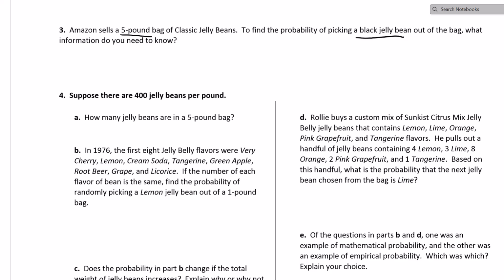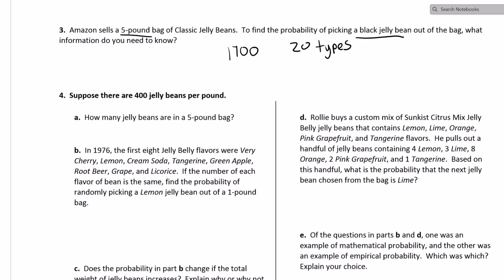If we knew the total amount of jelly beans, let's say there's 1,700 jelly beans in a 5-pound bag. I have no idea. I'm just guessing. That's probably pretty close though, because I know there's about 2,000 Skittles in a 5-pound bag of Skittles. Anyway, let's say we know there's 1,700 total, and there's 20 different kinds of jelly beans, and they're all equally likely to occur.